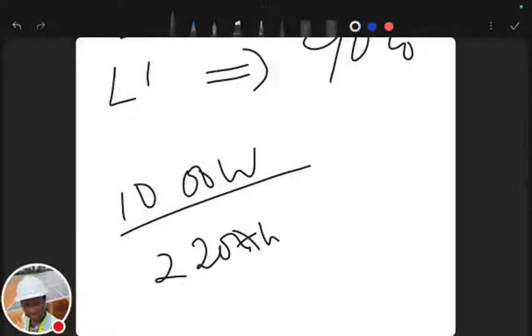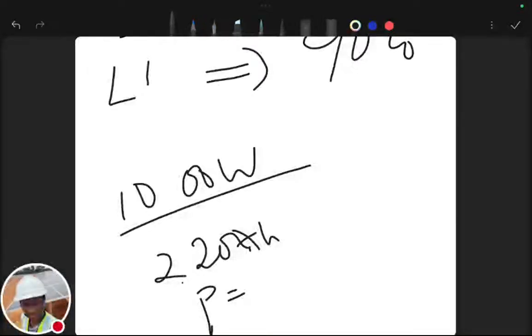It's not as if the 220 Ah won't power it. If you do the math, calculate the power of this battery. This is a lead acid battery, by the way. The voltage is 12. 220 times 12 is going to give us 2,640.